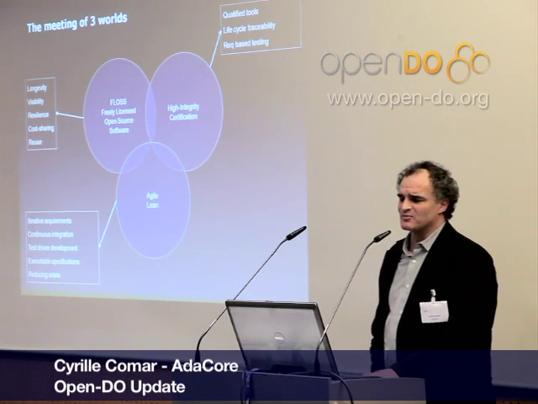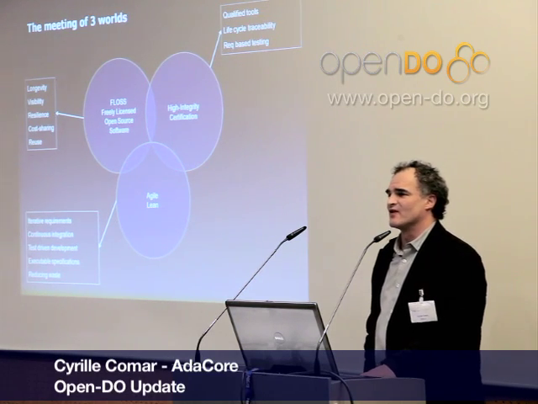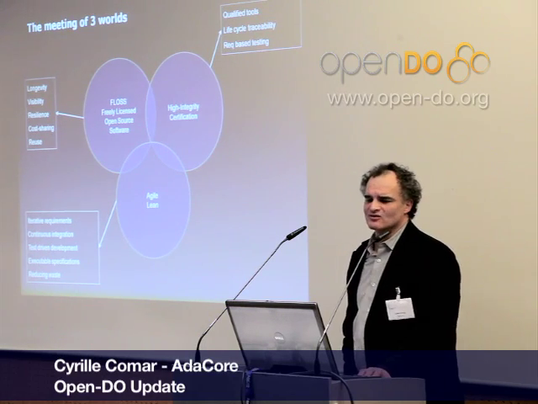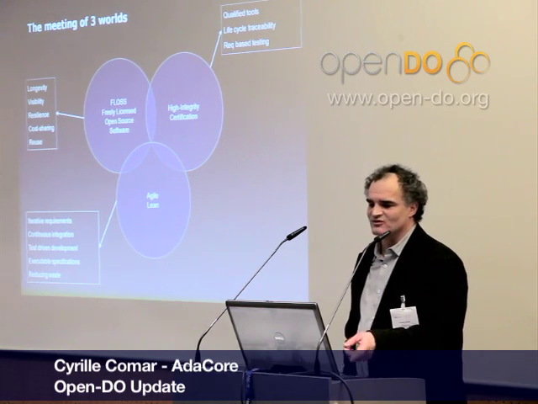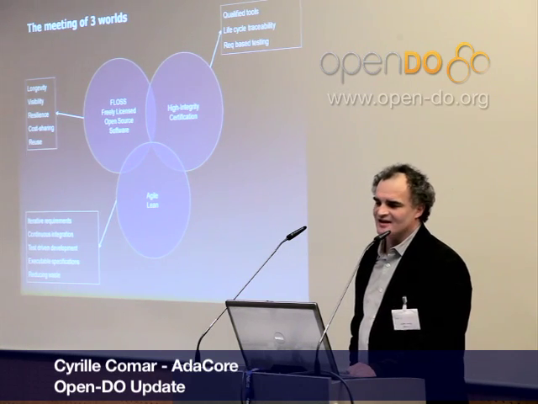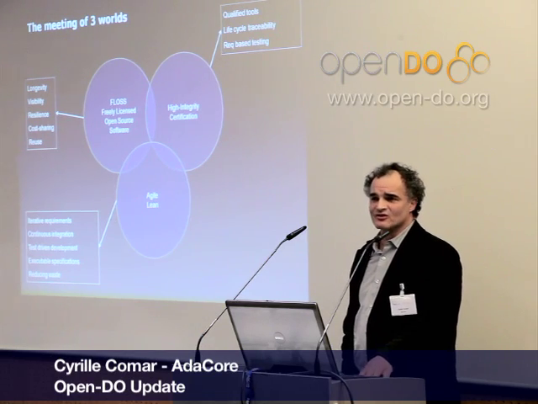I explained last year how several of the problems that we find in the development of high integrity systems have interesting solutions in agile methods. In particular, you can see that a certification standard like DO178B forces you to go through a requirement-based testing methodology.